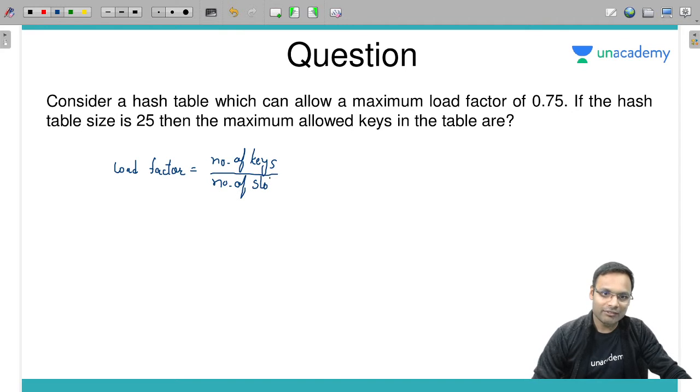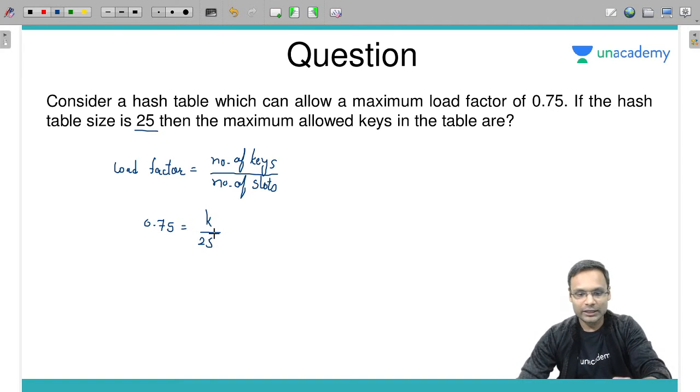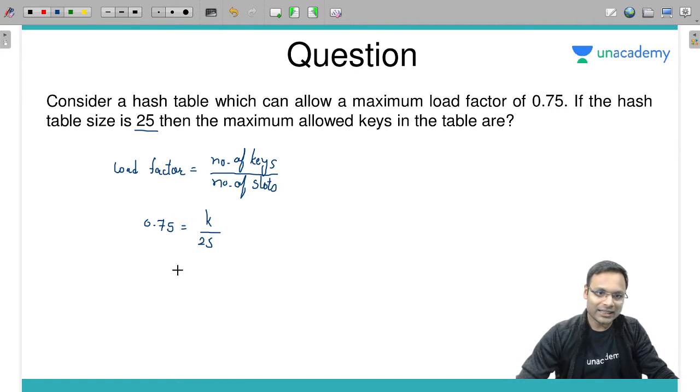Number of slots are given? Yes. How many? 25. Keys? I don't know. Load factor given 0.75. Keys I'll have to calculate. 0.75 of 25. You will get K is equal to 18.75.